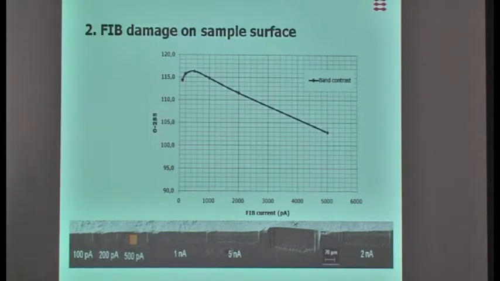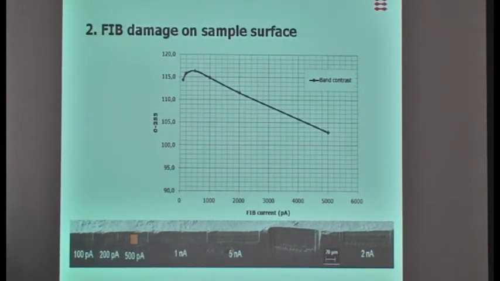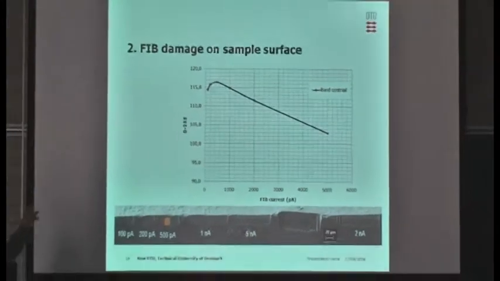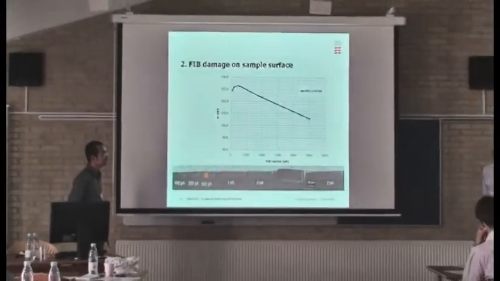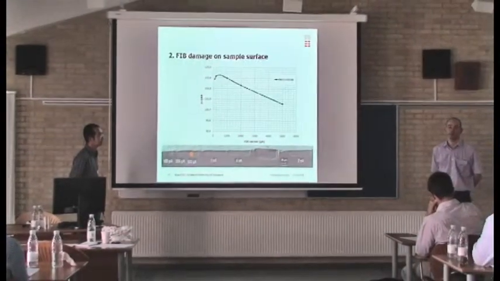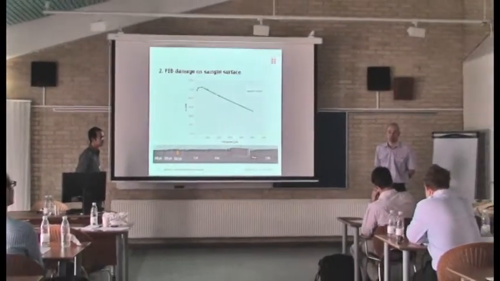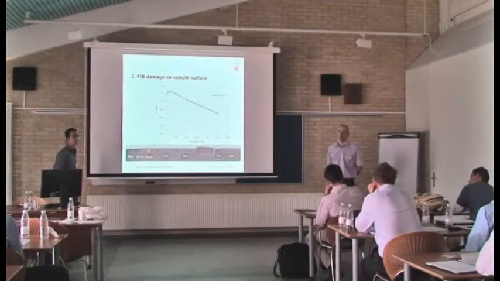Yeah, you're getting higher quality patterns, higher band contrast. Is that just an arbitrary number? It is an arbitrary number, yeah, but it's a measure of the contrast between the bands and the background of the image. So in the Kikuchi lines?